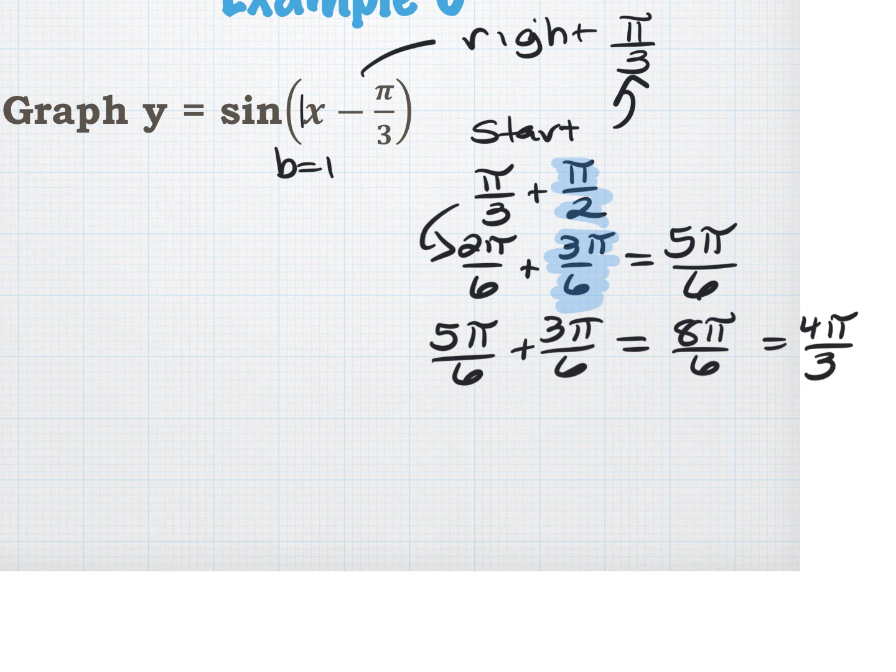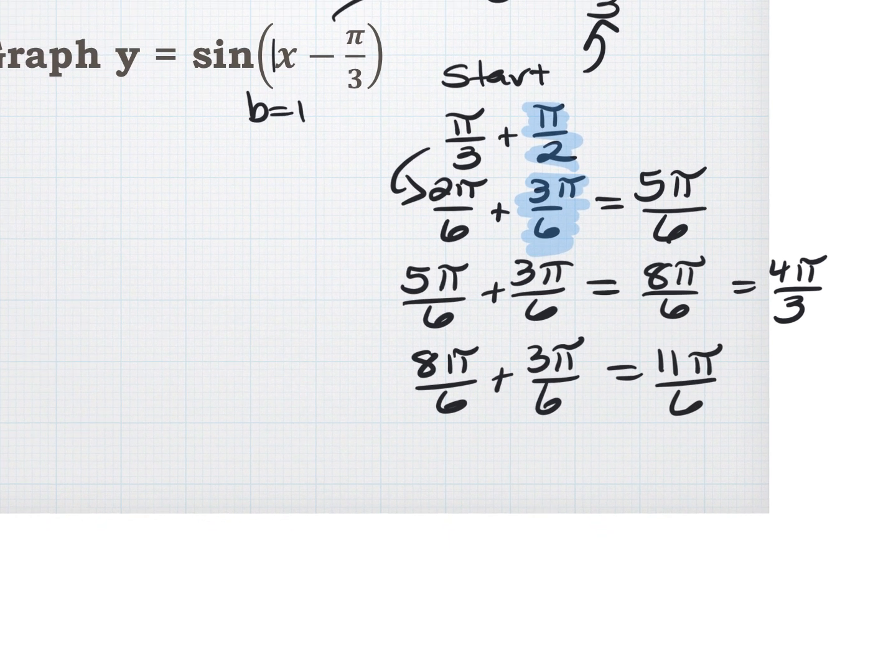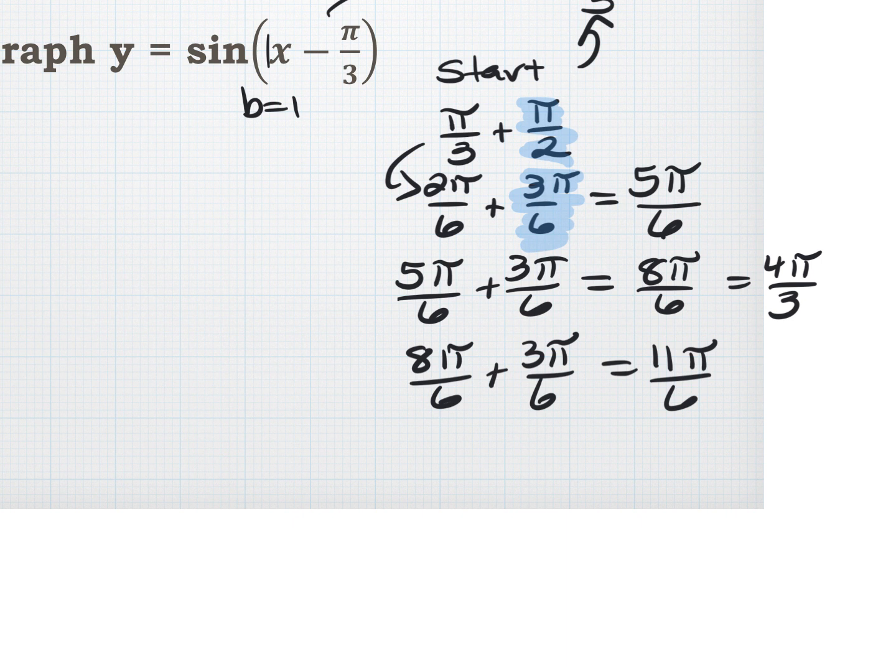Now to get my next point, instead of using the reduced fraction, I'm going to take the unreduced, so I already have my common denominator over 6. This gives me 11 pi over 6. I need to do it one more time because I need 4 of these.